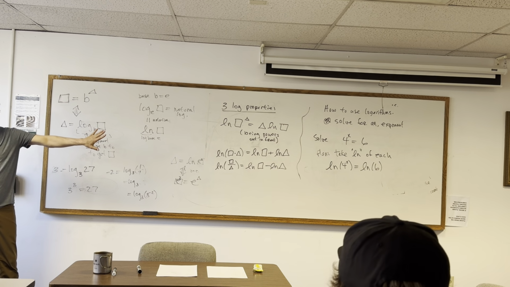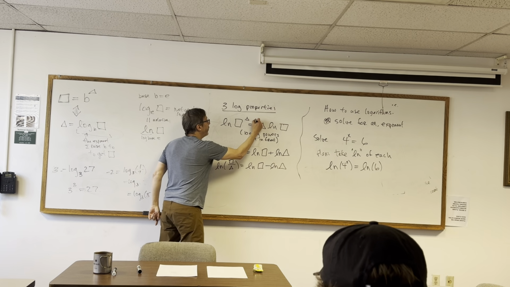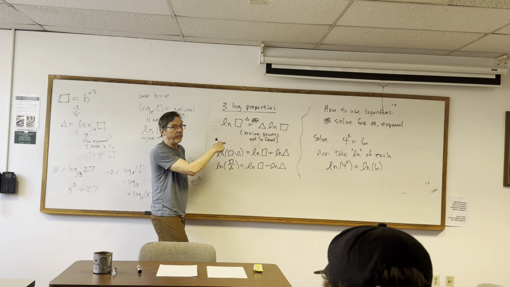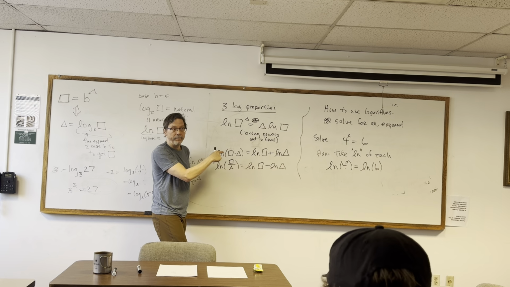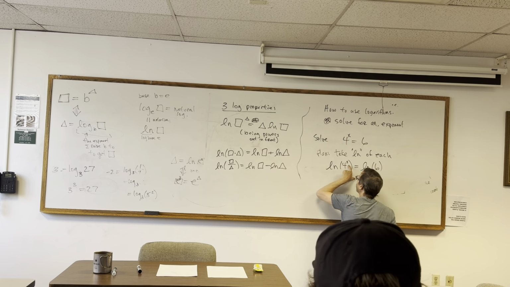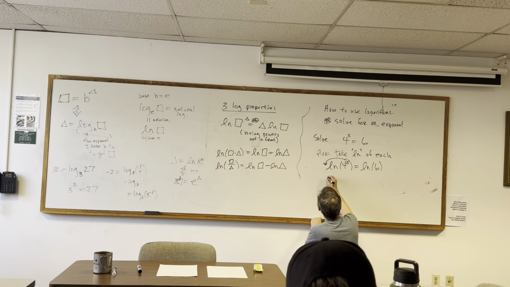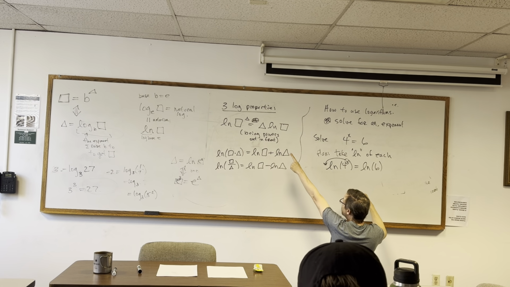So good properties to have, and we're going to use the very first one the most. This is the one you're probably going to be using most of the time, because it's going to help me bring that x out in front. So this thing here can come out in front. That's property 1.